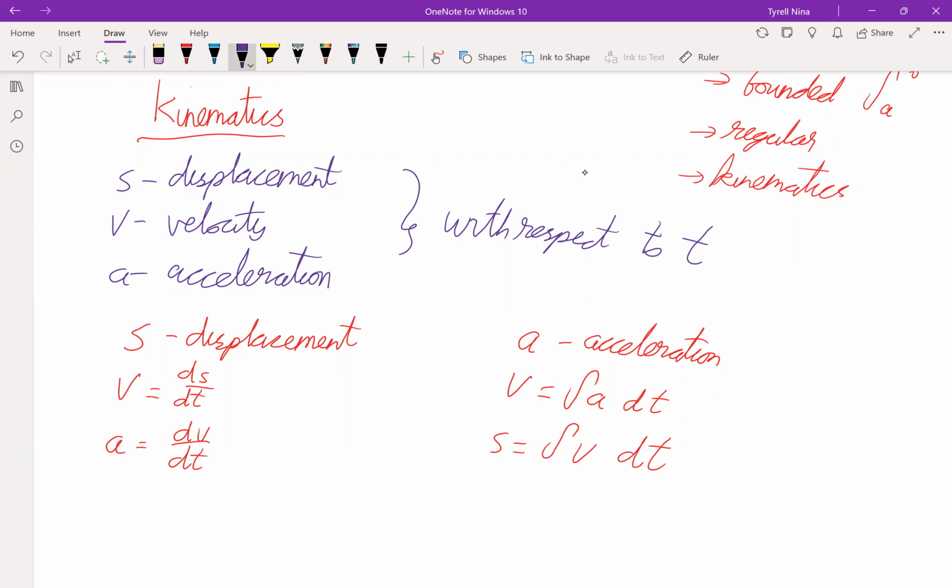Now there are terms we need to know. At rest means V is 0. Starts means t is 0.